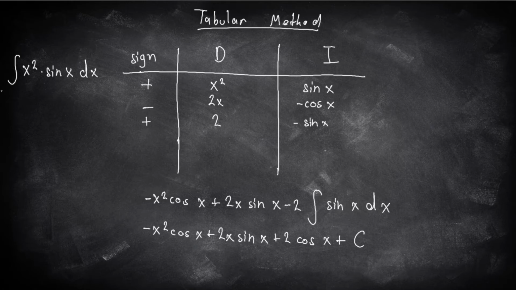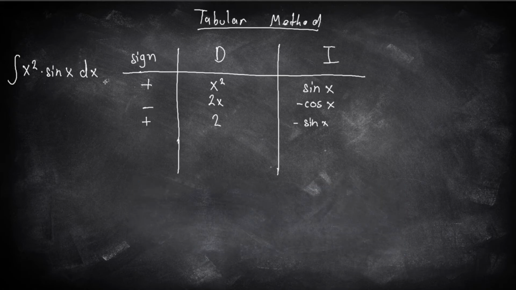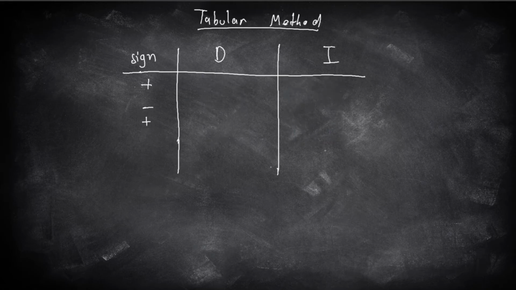Okay, now let's do one more example, which I think is a really interesting case to think about. Okay, let's delete this. And this one is going to be the integral of e to the 2x cosine of x.